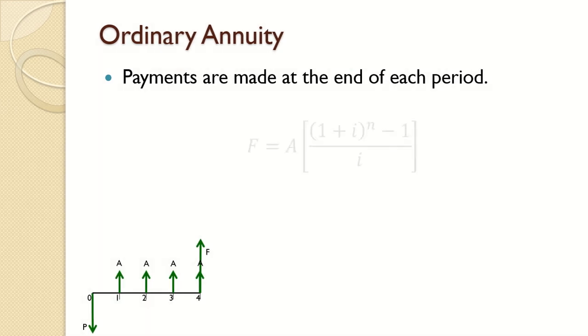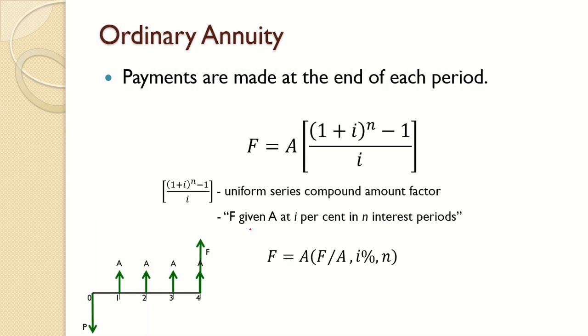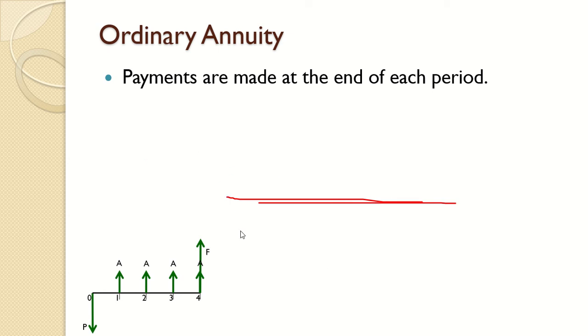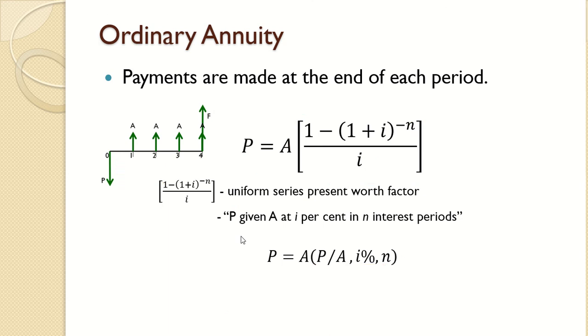Next, we can calculate the future amount, or the compound amount, or the accumulated amount, using this formula. This is the uniform series compound amount factor. If you are calculating for P, that's the uniform series present worth factor.